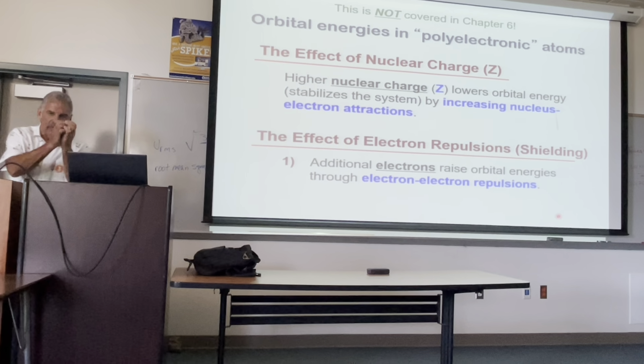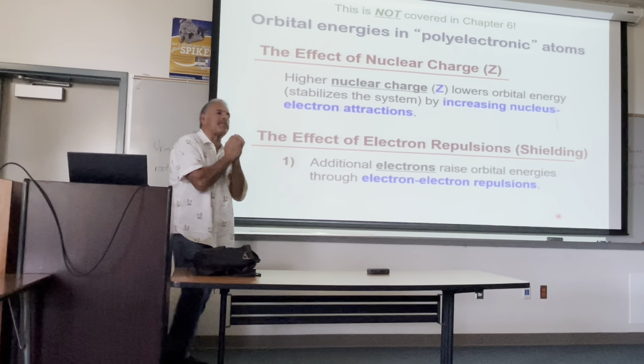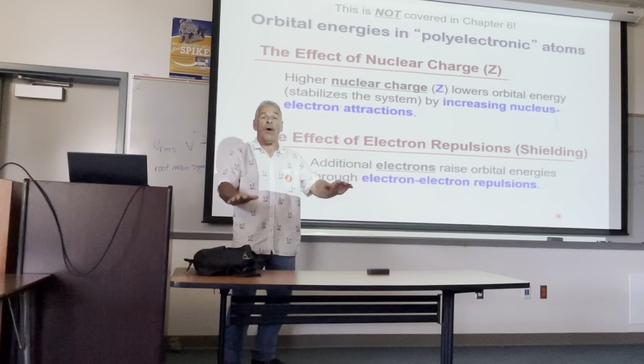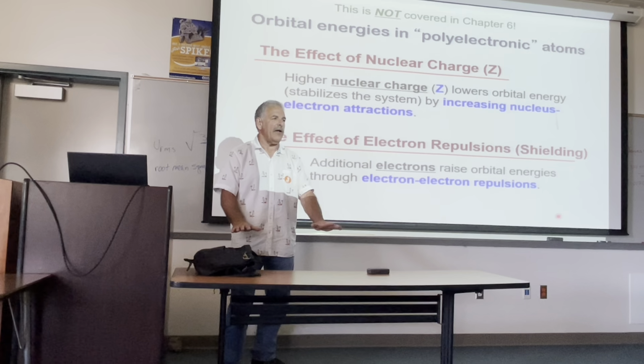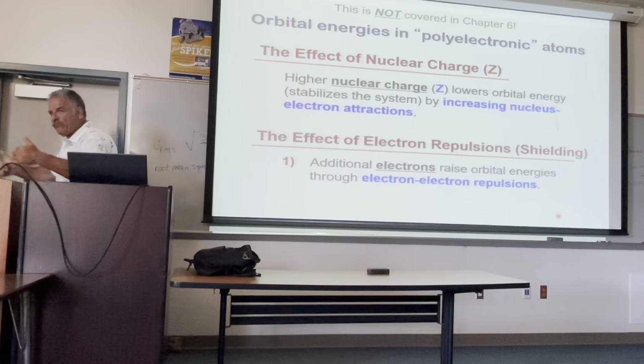So we have an effective nuclear charge in the center, right? Anytime you want something to be more stable, you lower the energy. You want to be more stable, tone it down a notch. You want to be highly reactive, just keep up that energy.